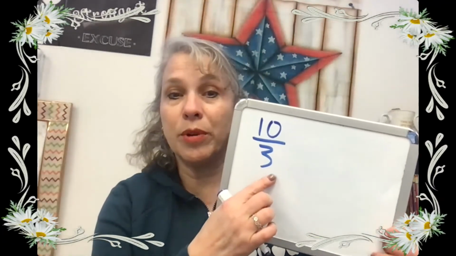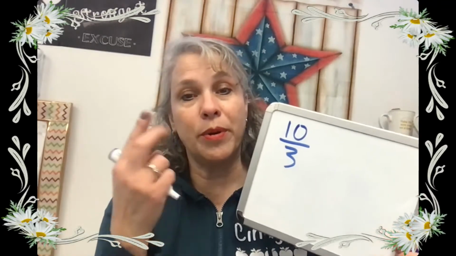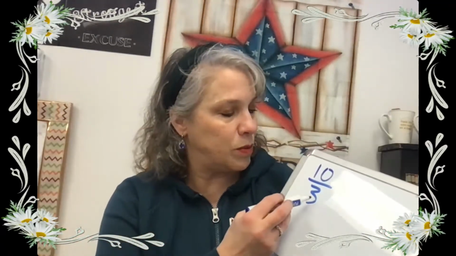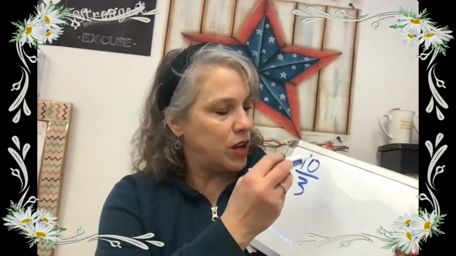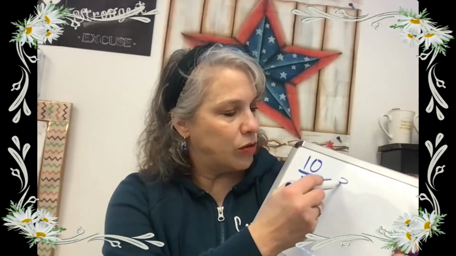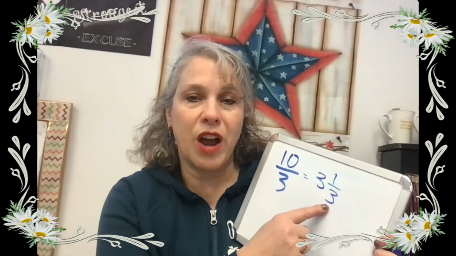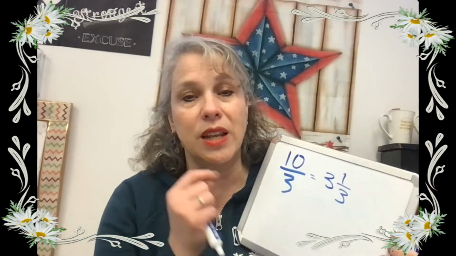Improper is when you have a larger number on the top and a smaller number on the bottom. And we also have mixed numbers. If I divide 3 into 10 and I get 3 1/3, that's a whole number and a fraction, so that is a mixed number. All of those are important terms to know.